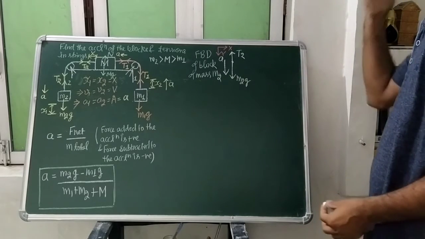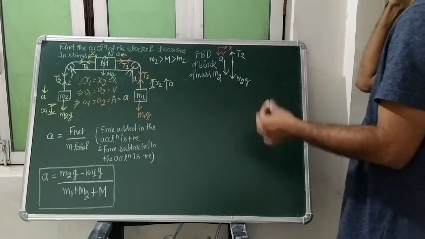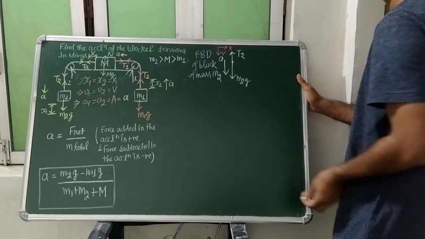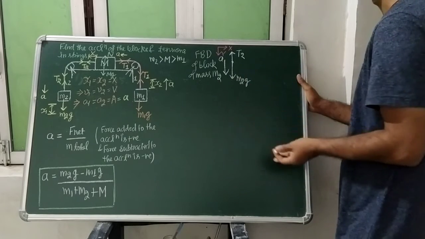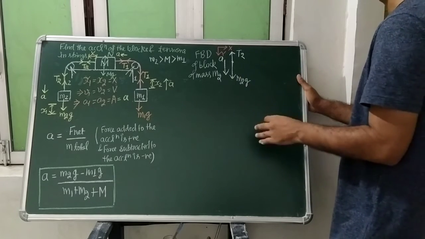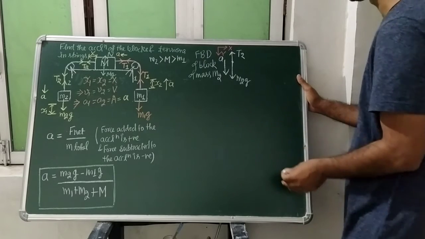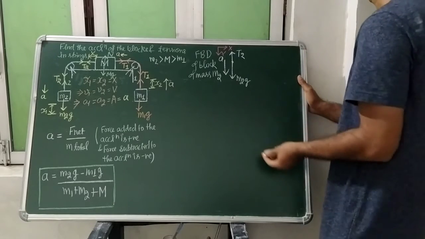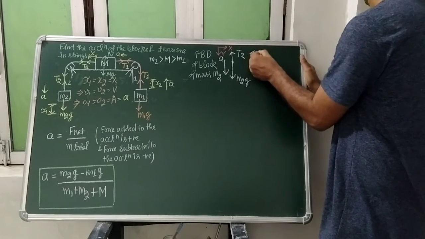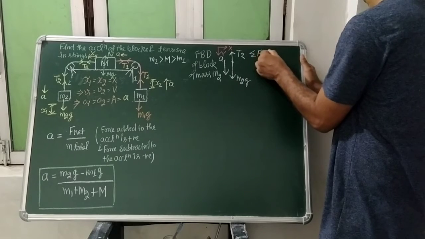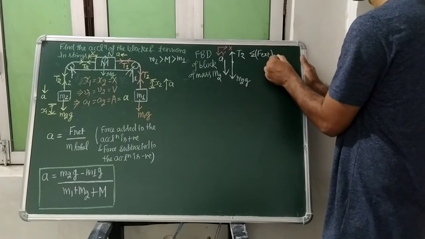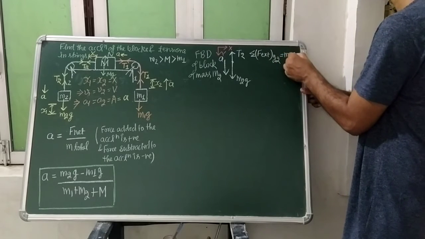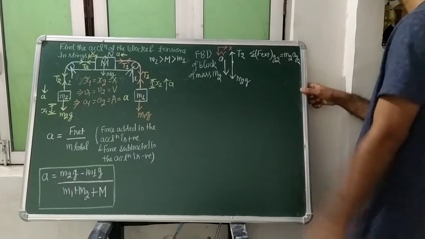So after drawing the free body diagram and coming to know what forces are acting on it, we will apply Newton's second law. Since there is no acceleration present in the x direction, we will not apply Newton's second law in the x direction; we will apply it in the y direction only. That tells us that the vector sum of all the forces acting in the y direction for block 2 should be what? Mass m2 times the acceleration in the y direction for block 2.